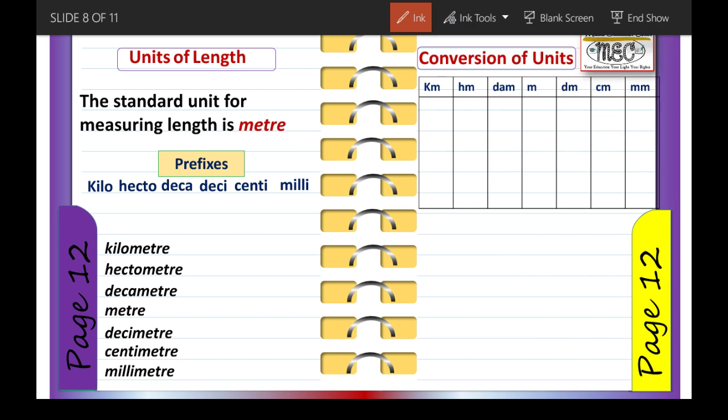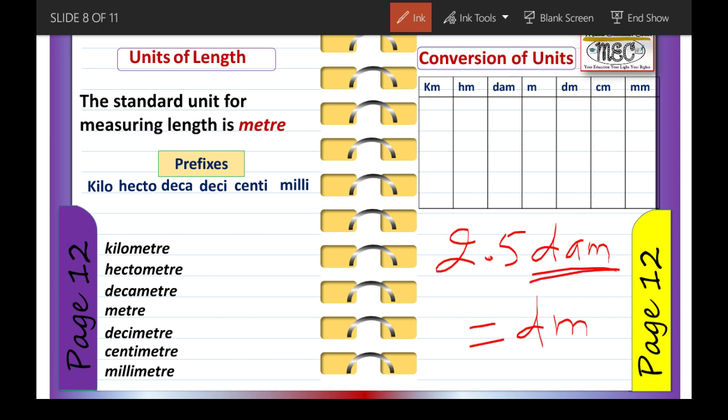Now, what if they give you decimal numbers? You are given, for example, 2.5 decameters, and they want you to convert it into millimeters, for example, or decimeters. This decimal point is always put under the given unit.